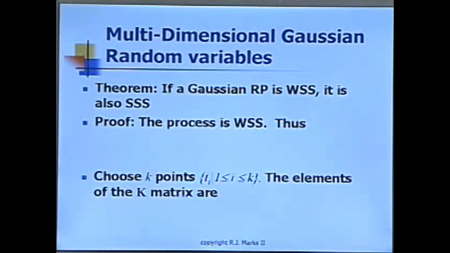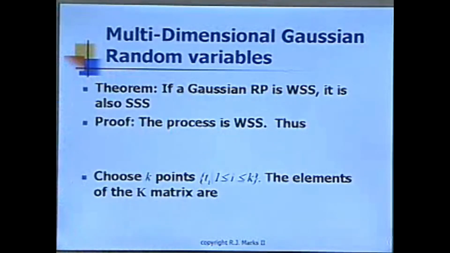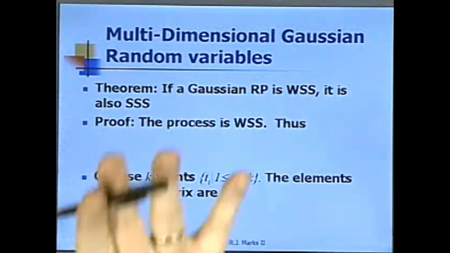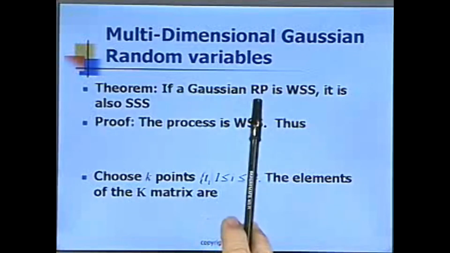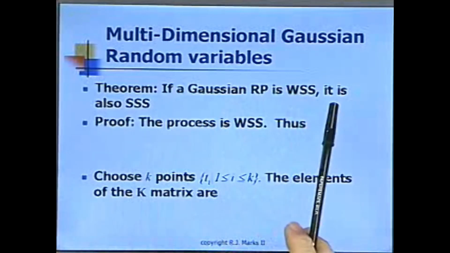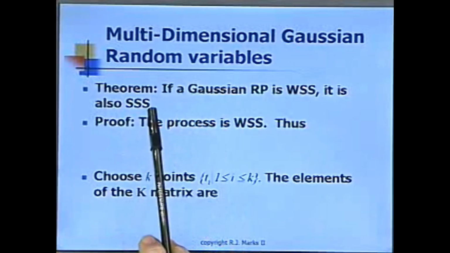Now, here is something which arises from the characterization of Gaussian random vectors. To this point, we've talked about Gaussian random vectors. Now I'm going to talk about Gaussian random processes. If a Gaussian random process is wide-sense stationary, it is also stationary in the strict sense.